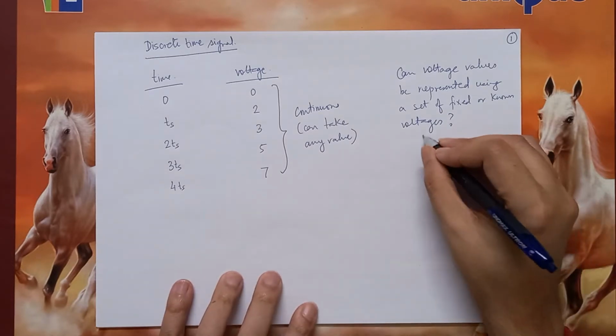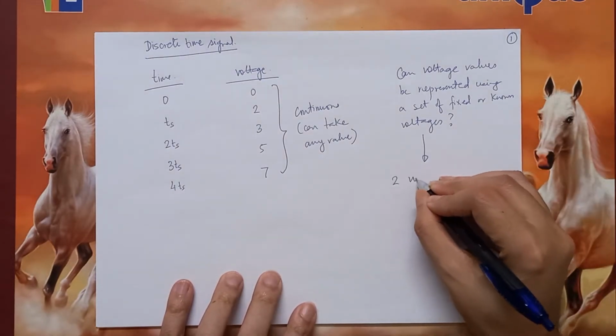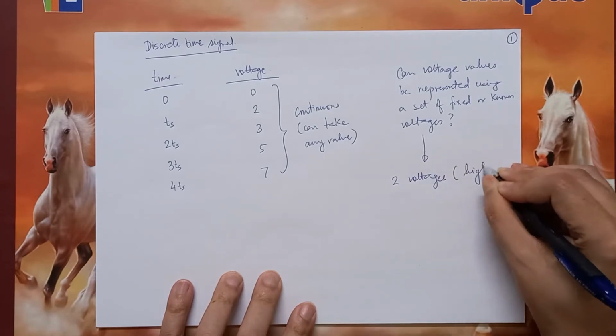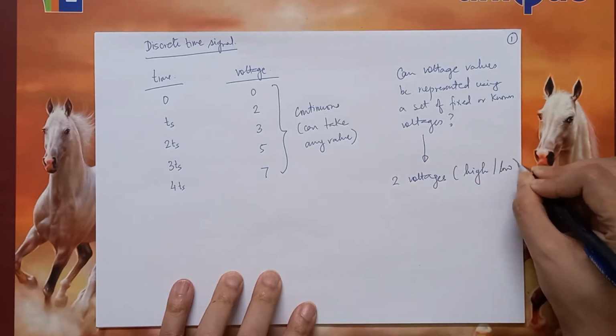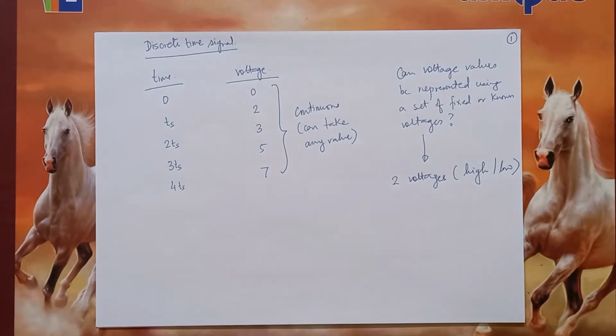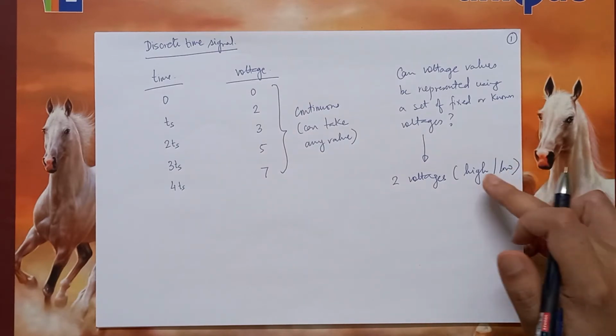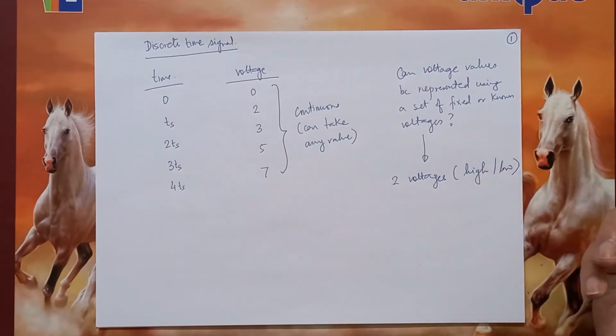So let us say we choose two voltages, a high voltage and a low voltage. Now, if we try to represent them in numbers, low could be 0 volts, low could be minus 10 volts, high could be 5 volts, it could be plus 15 volts. There are many choices available.